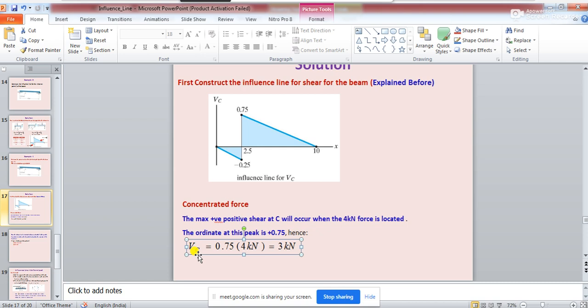So the 4 kilonewton load is multiplied with 0.75, a dimensionless number, and thus the shear force will have the unit of shear, which is kilonewton. So it will be 0.75 multiplied by 4 kilonewton. This is important, and thus it is going to be equal to 3 kilonewton.